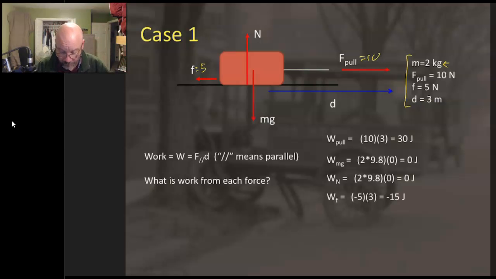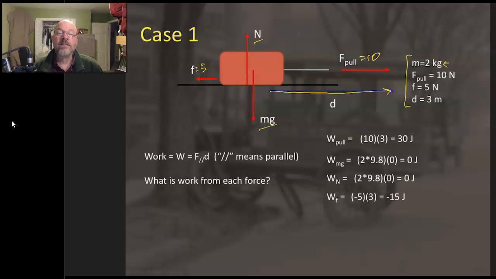If we wanted to work hard, we could go backwards through this thing and figure out what it's going to be. We're going to have some weight, mg, here, and then the normal force here. And we're pulling this thing all the way over here, that's our distance.